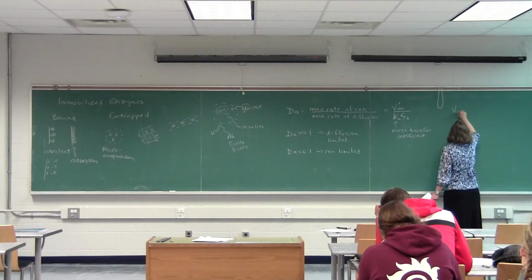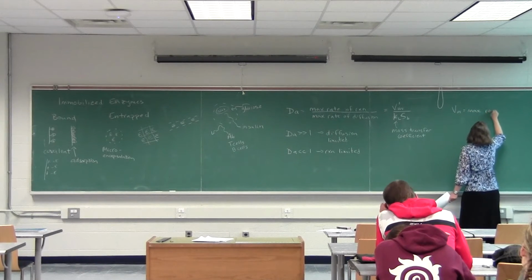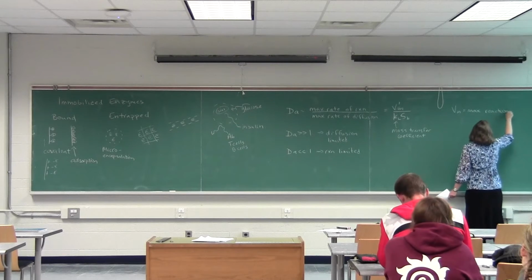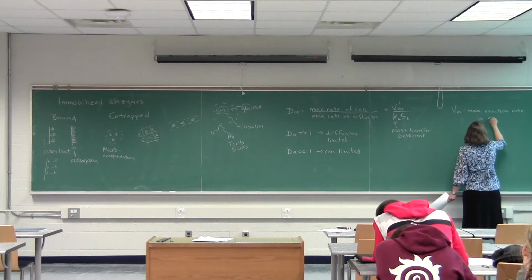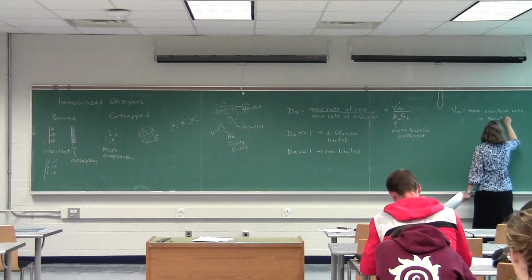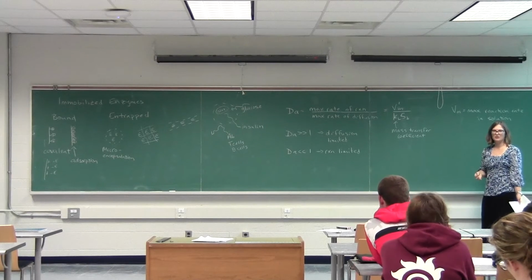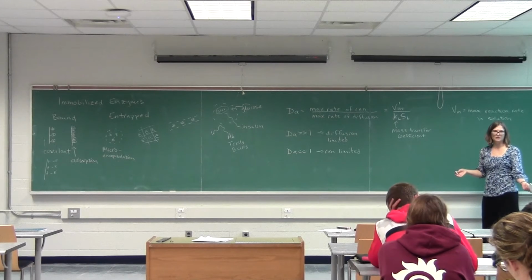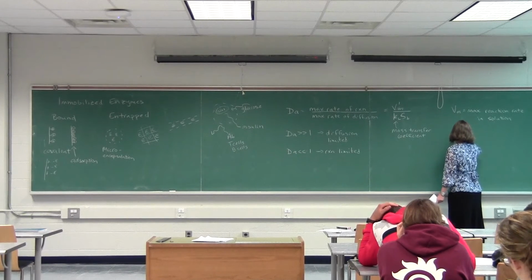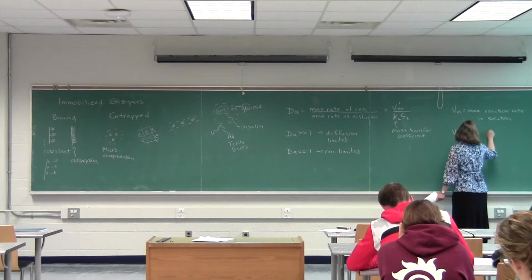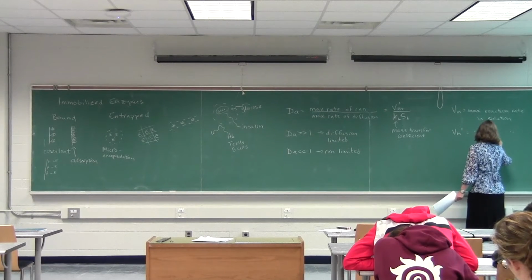So Vm is the max reaction rate in solution. So if you look at the units, it's per mL of solution usually. Okay. Vm prime is the max reaction rate on surface.